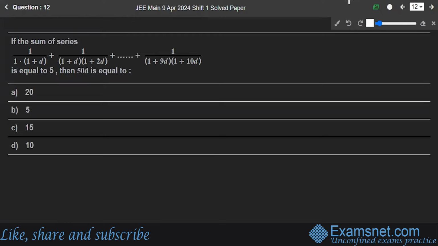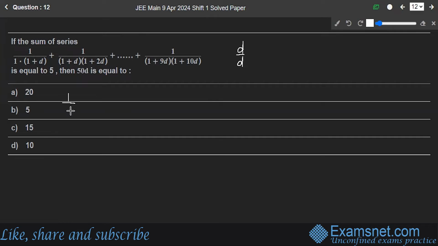Question number 12, the sum of the series 1 upon 1 into 1 plus d, 1 upon 1 plus d into 1 plus 2d, and so on till 1 upon 1 plus 9d into 1 plus 10d is equal to 5. Then what is 50d equal to? So I'll start from here itself, multiply and divide the numerator and the denominator by d.